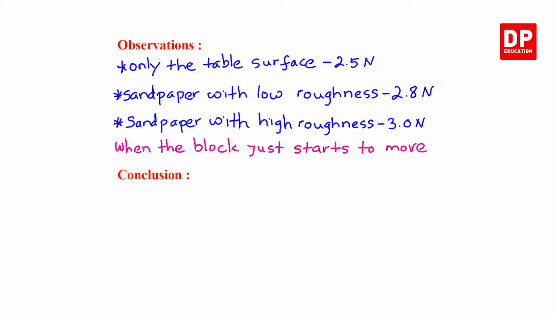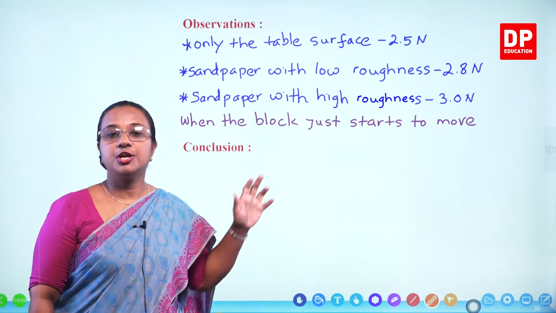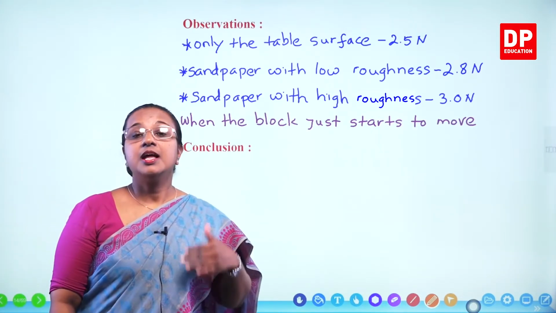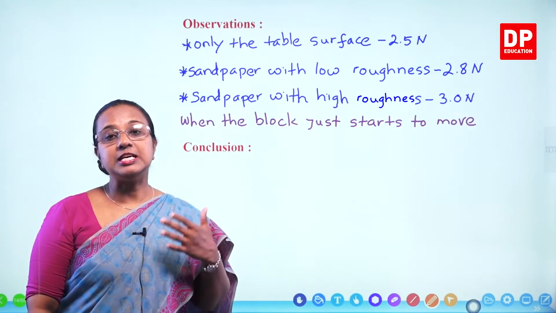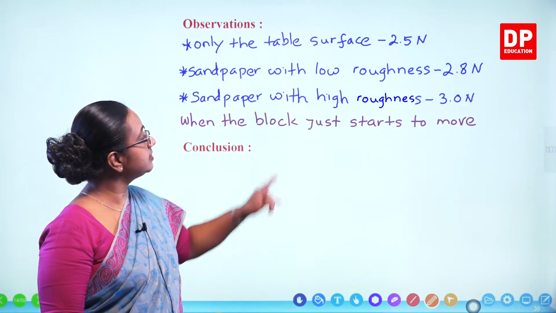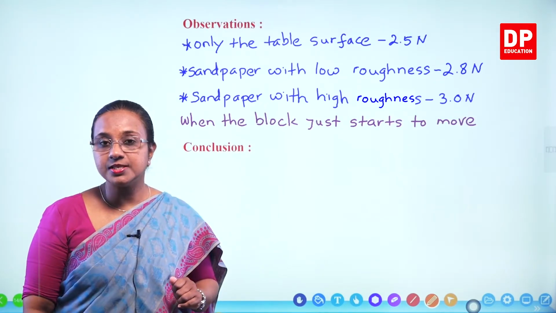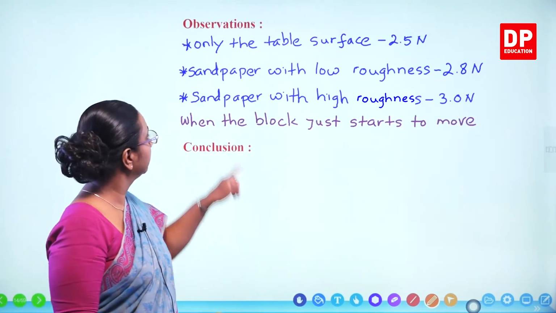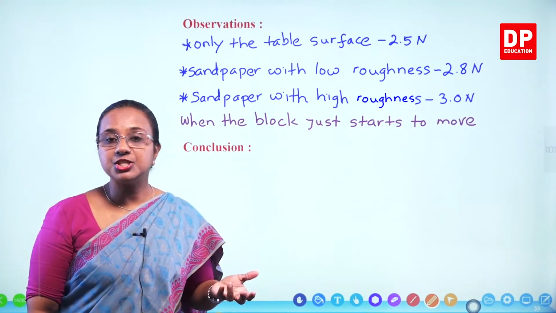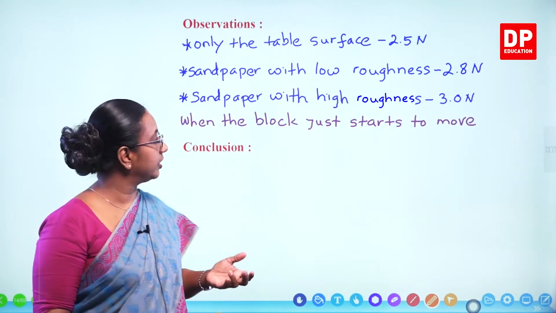So this was the observation of the activity. Different surfaces, different limiting frictional forces. Only the table surface limiting frictional force is 2.5 Newton. Slightly rough surface limiting friction is 2.8 Newton.